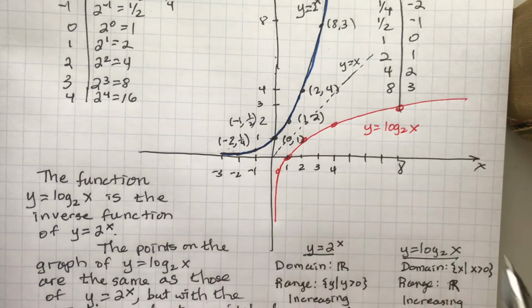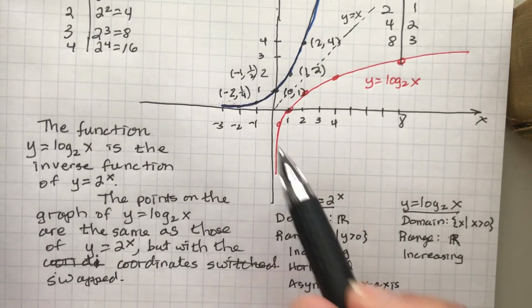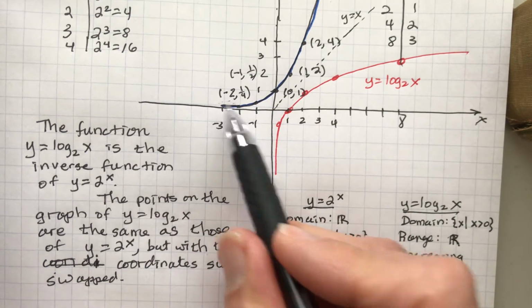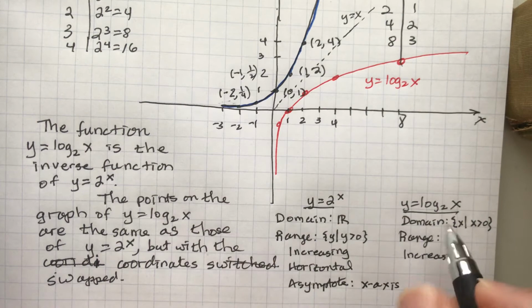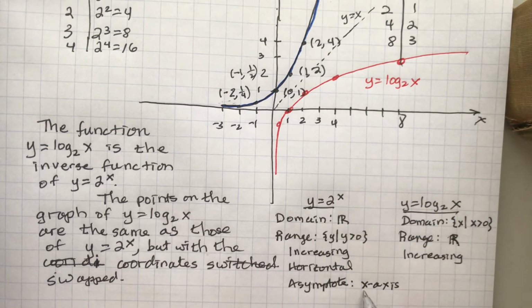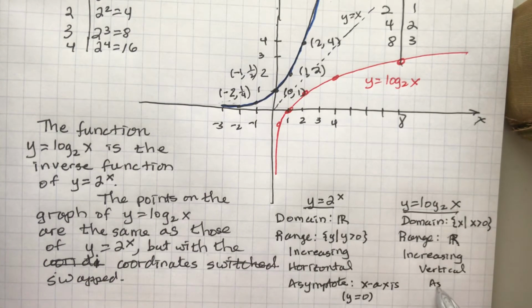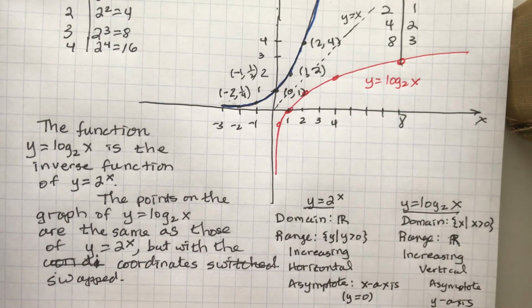That's why I sometimes don't write all this stuff out, because you can just look at it and see, oh yeah, I see it right there. So there's the horizontal asymptote. But what that means when I switch x and y, so the x-axis is the same thing as y equals 0, when I switch x and y, I get a vertical asymptote, which is the y-axis, and that's the same thing as x equals 0.